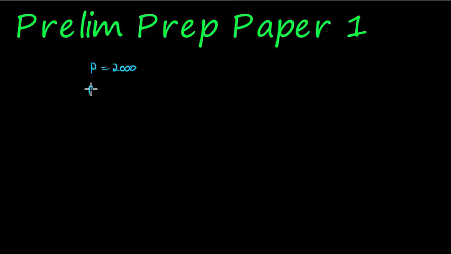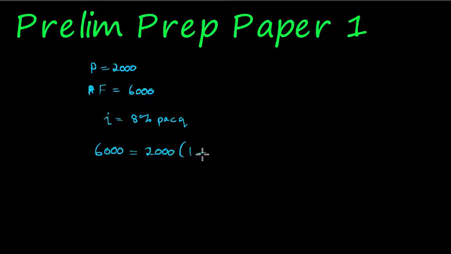My future value, I use an F, the formula uses an A, is 6,000 rand, and my interest rate is 8% per annum compounded quarterly. And so my formula becomes 6,000 is equal to 2,000 times 1 plus, it's compound growth.